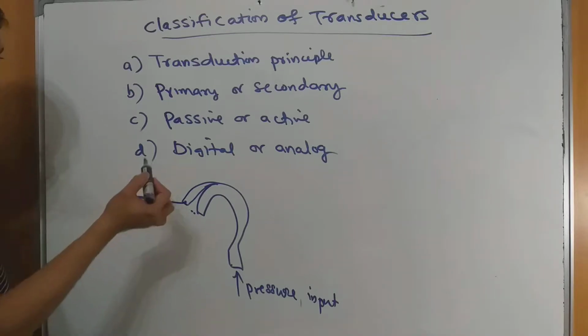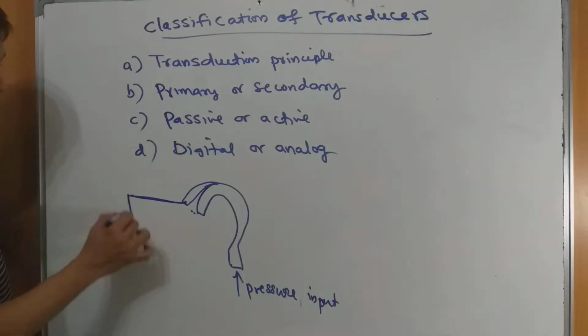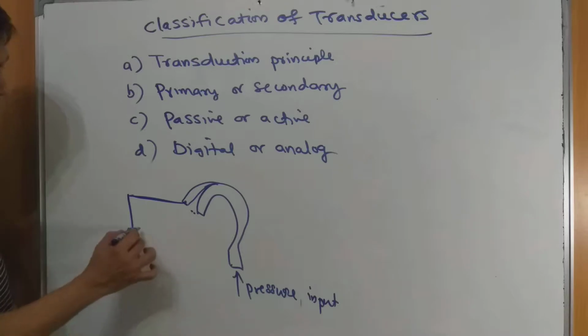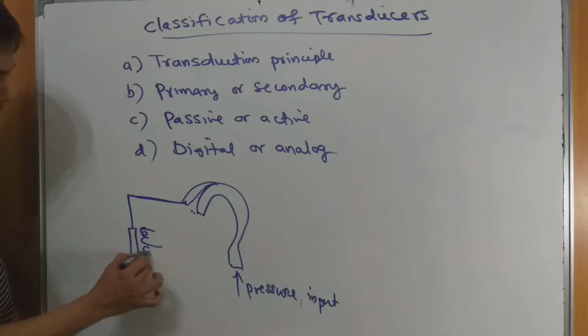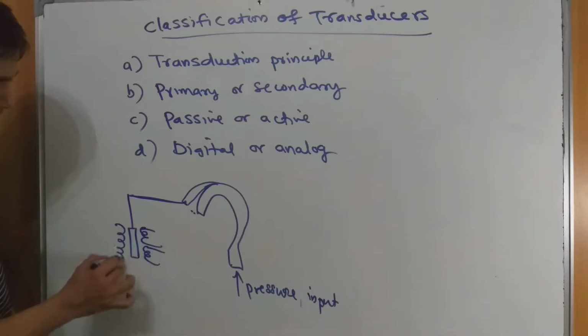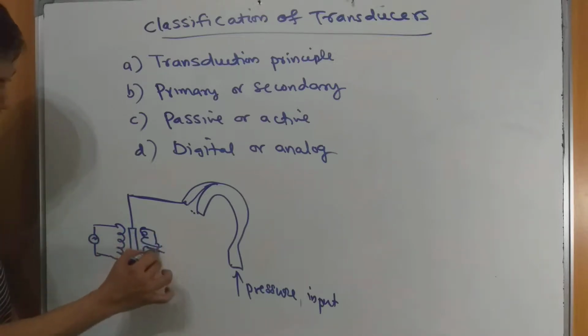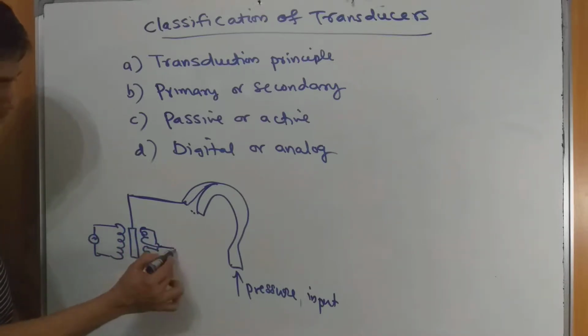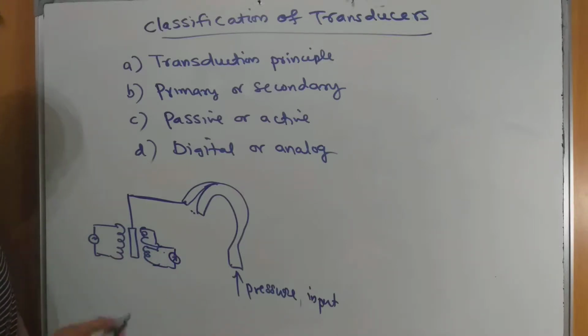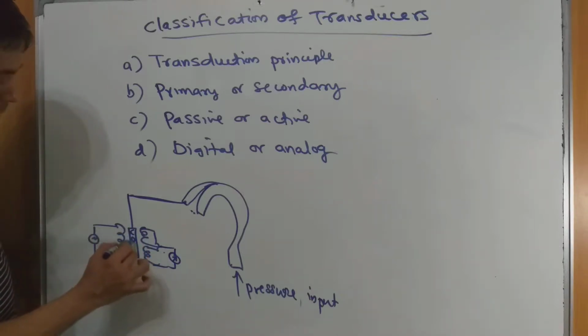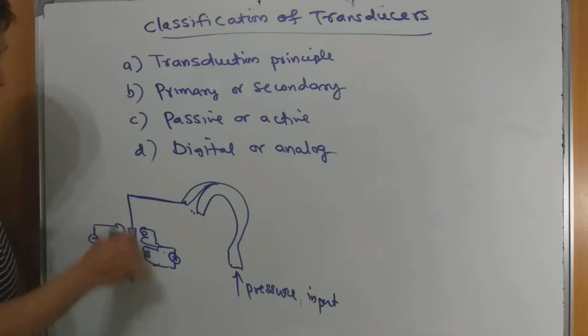It could be a potentiometer, or maybe an LVDT. Suppose we have an LVDT here, which we are going to discuss in the coming class. This is the core of the transformer.